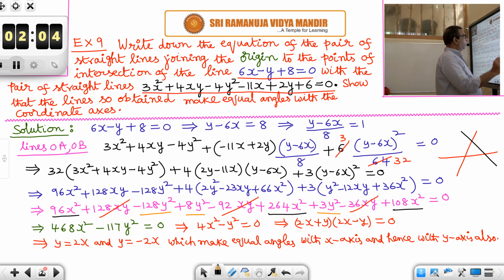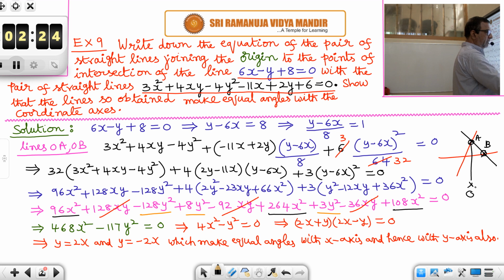A pair of lines and a straight line are intersecting in 2 points, and the points of intersection are joined to the origin. Suppose this is the origin. These points of intersection A and B are joined to the origin. So we want the equation of the pair of lines OA and OB. And later we have to show that those lines make equal angles with the coordinate axis.